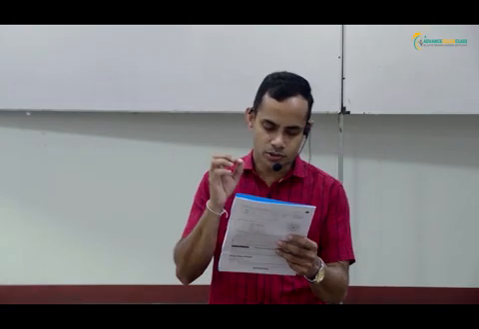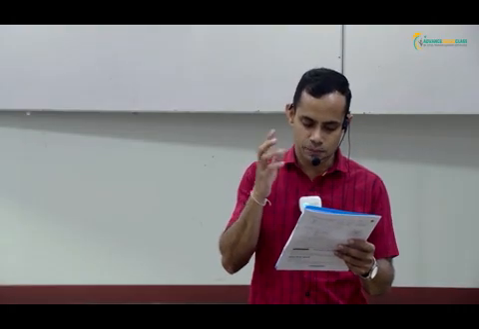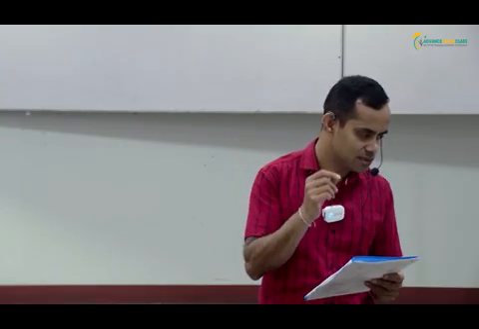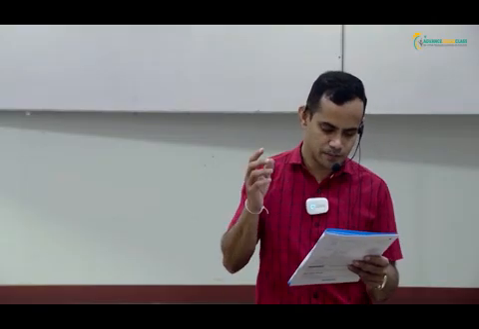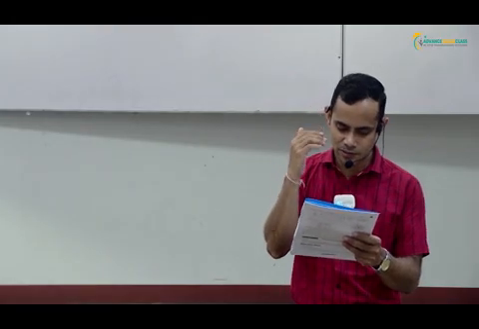Next one, oxygen inside brackets O2. Next one, copper inside brackets what? Capital C, simple u, Cu, copper. And what is this? Nitrogen, right. Now finally we get iron, oxygen, copper, nitrogen.